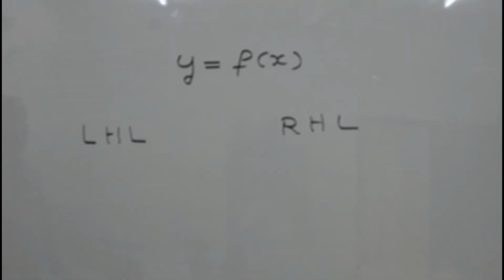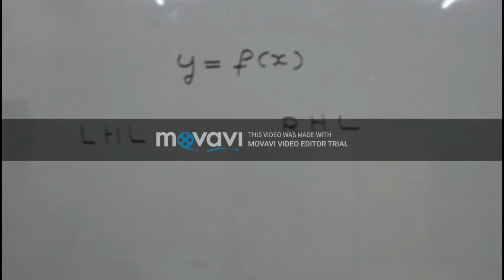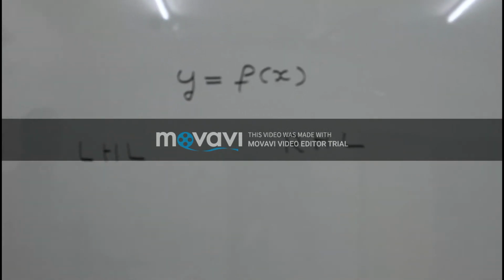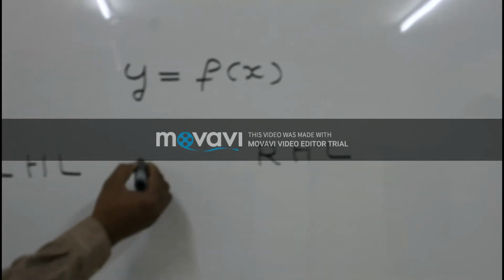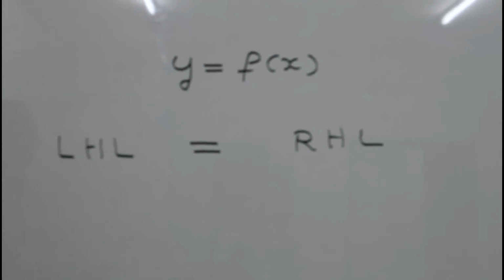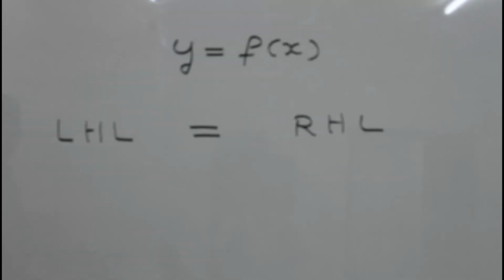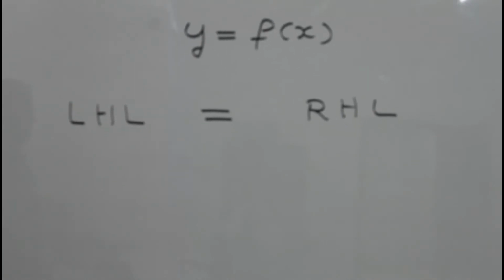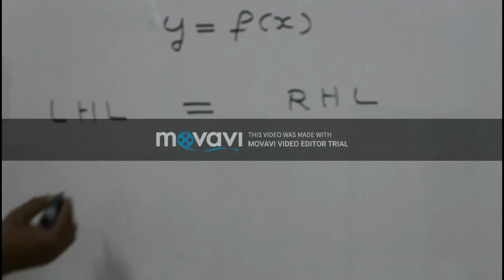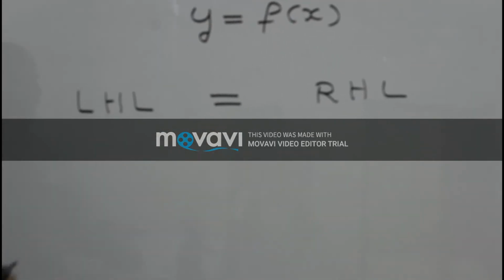So if a function has a limit, the left hand limit should be equal to the right hand limit. This is called the limit exists, or the function has a limit. If they are not equal, the function does not have a limit.